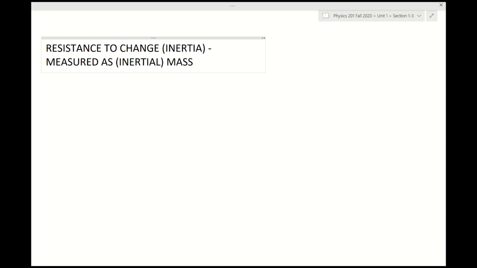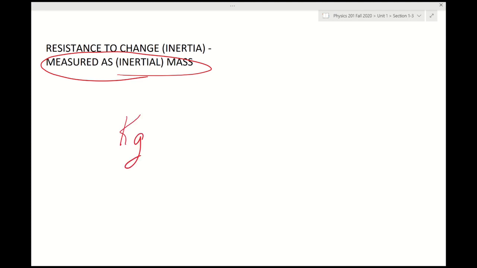But in fact, it's a matter of how much. And it just says that mass basically is what is measuring this inertia. So for us, we're talking about it in terms of kilograms. What that basically implies is there is more resistance to change in a 100 kilogram object than in a 50 kilogram object.